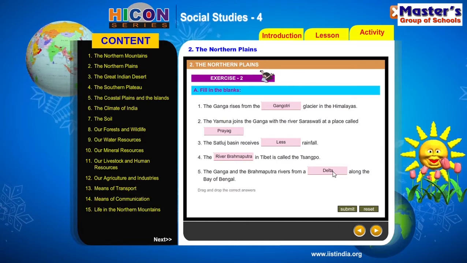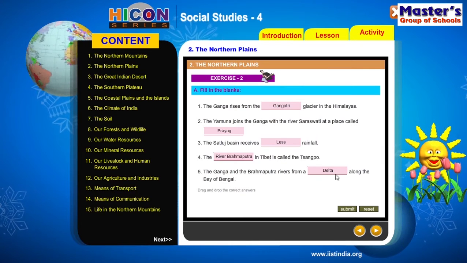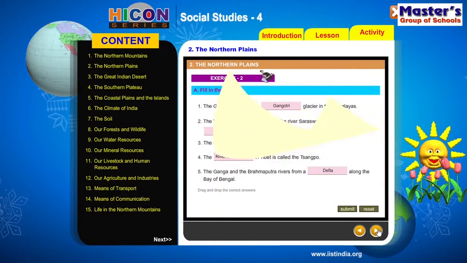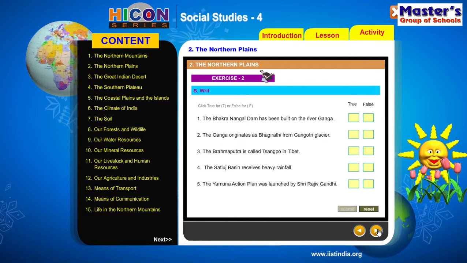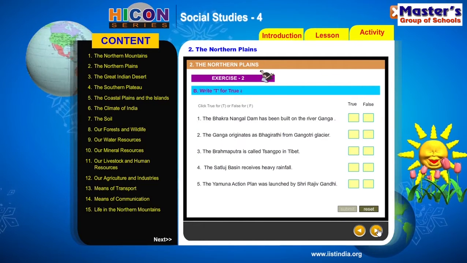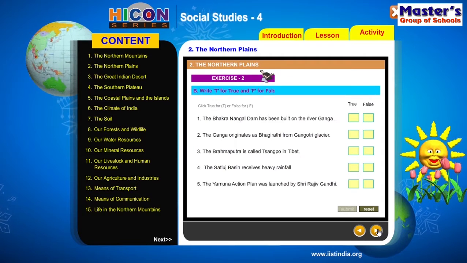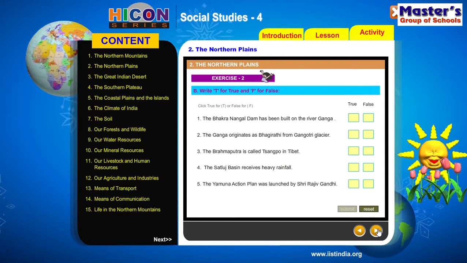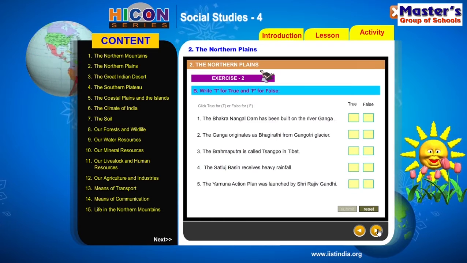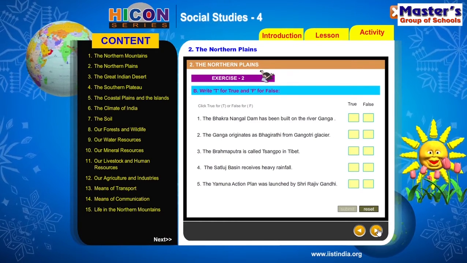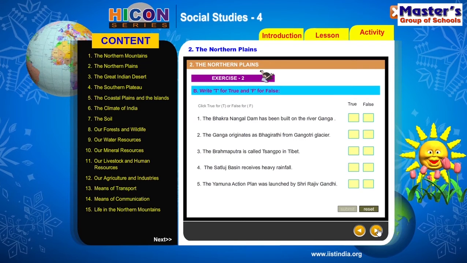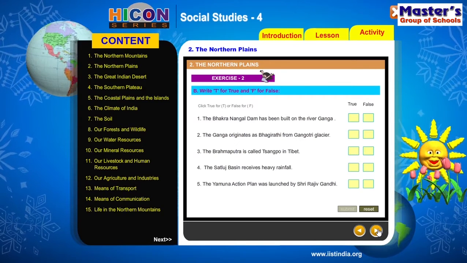Okay. So now we will move on to the next question. Write T for true and F for false. What we need to do now is read the sentences one by one and match them with what we have learned in the lesson.